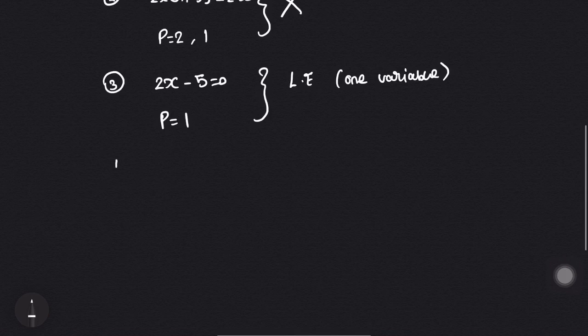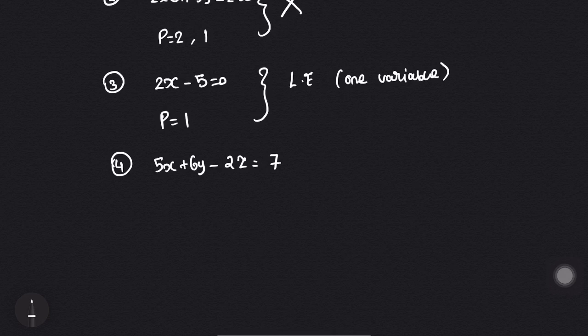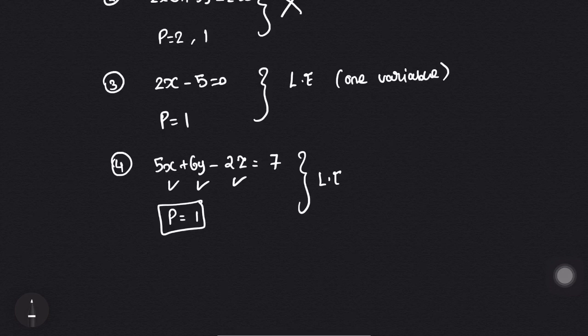Then 5x plus 6y minus 2z is equal to 7. So check here, three variables x, y and z, but the power of all is equal to 1. This is a linear equation, but not a linear equation in two variables, because it is a linear equation in three variables.